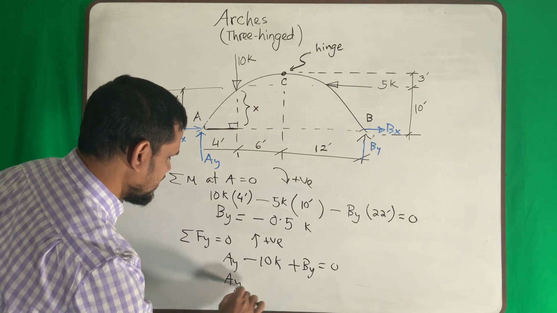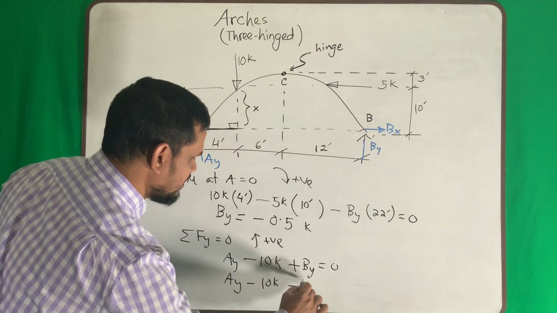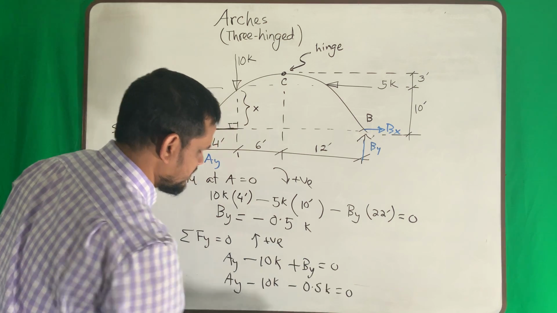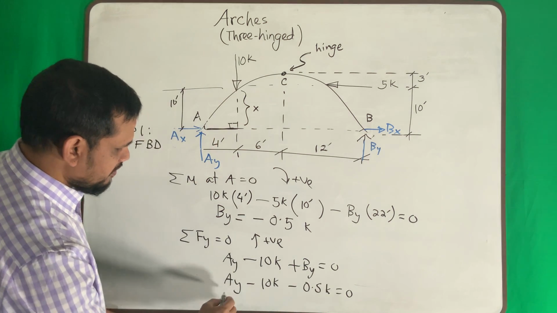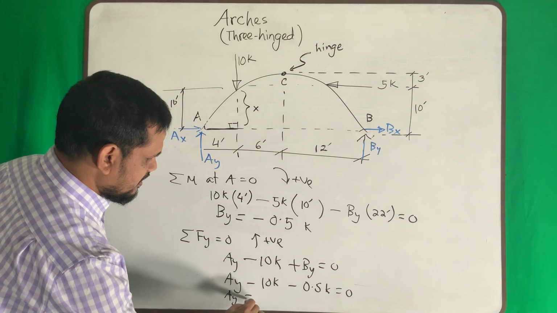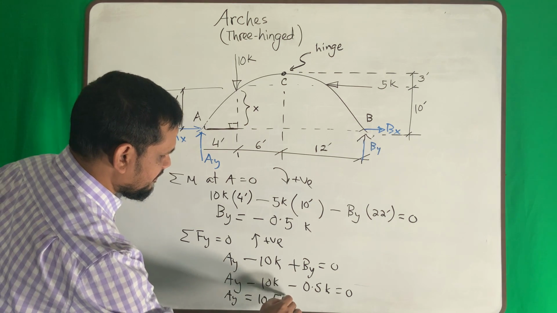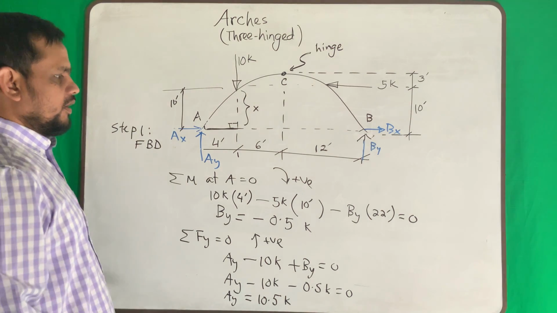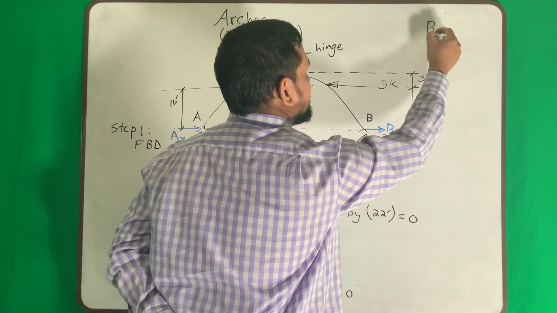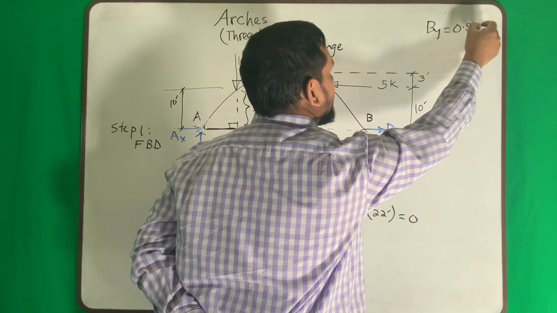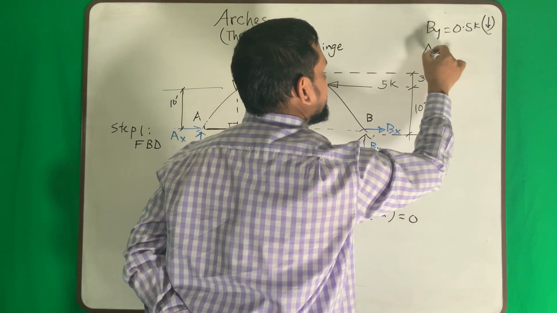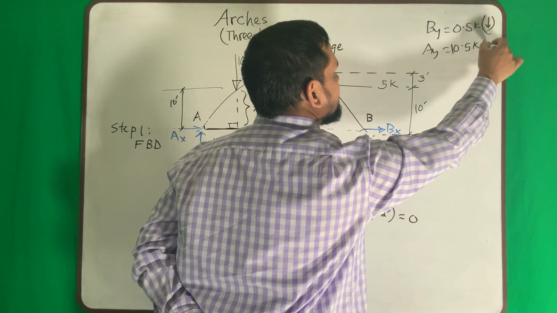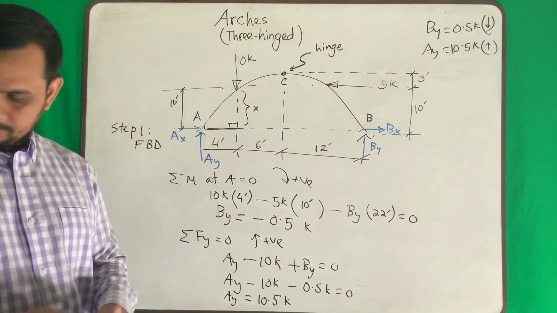I will write here AY minus 10, so BY is minus 0.5 kip, equals 0. So if I solve it, I will get AY 10.5, and this is a positive number, that means the sign is okay. Okay, so to summarize the result, BY is 0.5 kip, it is downward. We got AY 10.5 kip, and it is upward. So two answers are done.